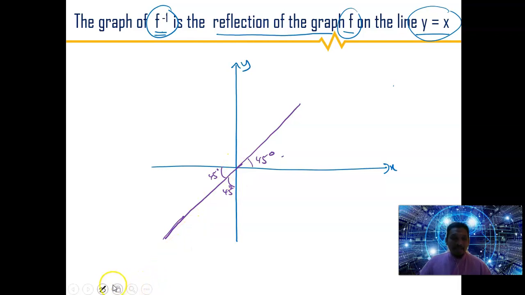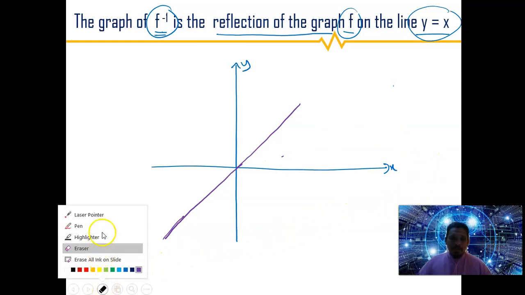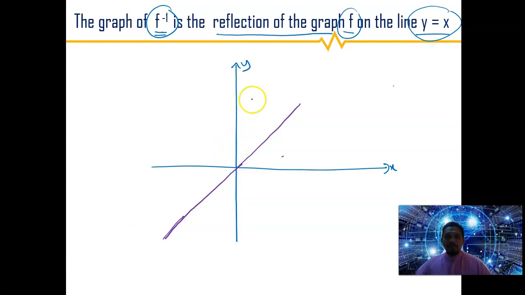Okay, the degree is not the subject here, but just to tell you that the line of y equal to x is the graph as you see on screen here now. Okay, now the graph of f(x) equal to 2x plus 1.